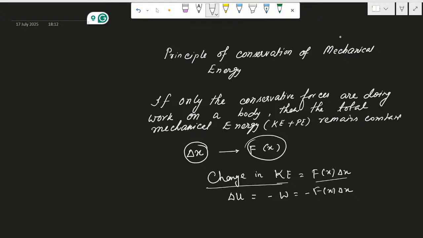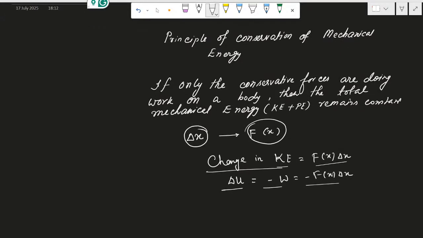And as the force is conservative, we know the change in potential energy is equal to the negative work done, so minus Fx delta x. Therefore, delta Ke, the change in kinetic energy, is equal to the negative change of potential energy. Yes, that is quite true.